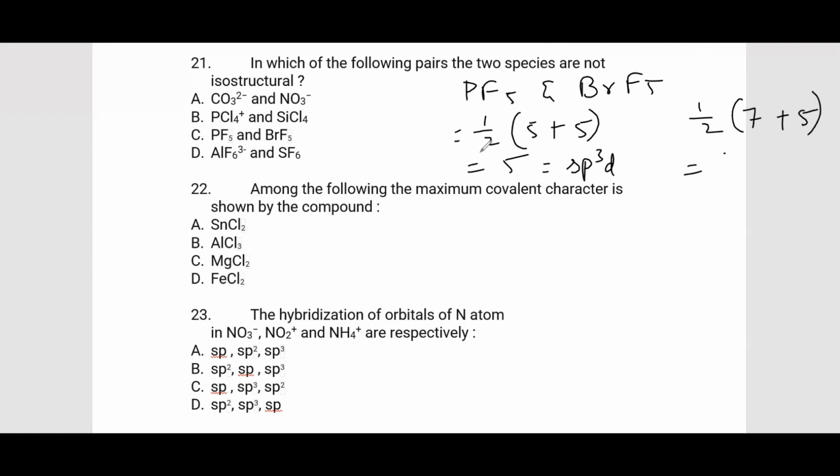So this would be 6 and it is sp3d2 hybridization, and definitely the structure is not the same. So these are not isostructural because we are getting sp3d hybridization and sp3d2 hybridization. We know that sp3d hybridization is trigonal bipyramidal, and sp3d2 hybridization is octahedral. So this is our correct answer.